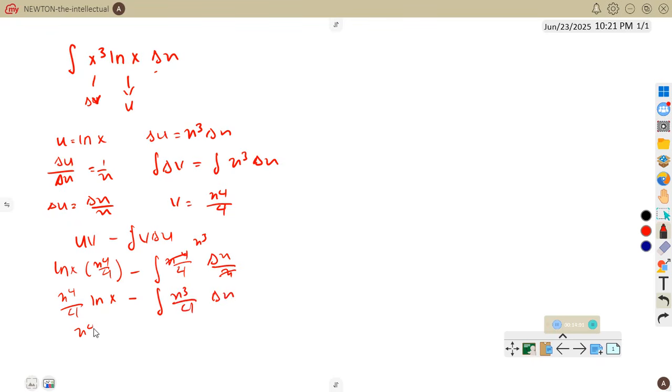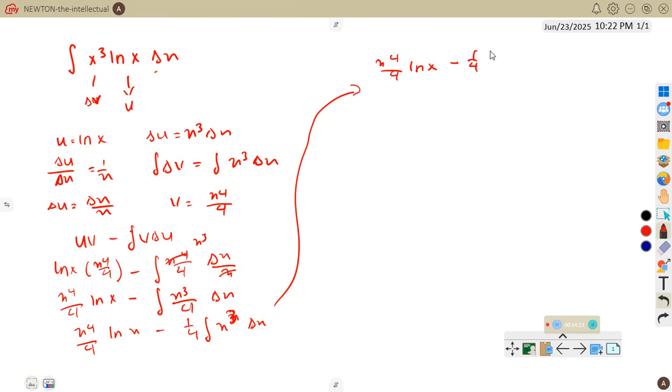So here we have x to the power of 4 over 4 natural log of x minus, here we can factorize 1 over 4 out, the integral of x cubed dx. So this will now eventually be x to the power of 4 over 4 multiplied by natural log of x minus 1 over 4.